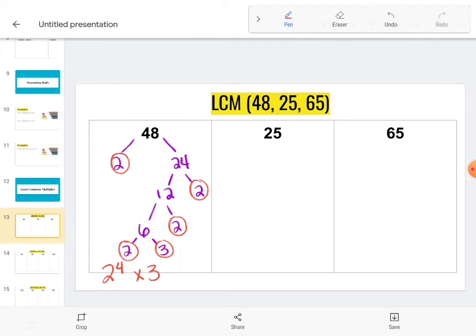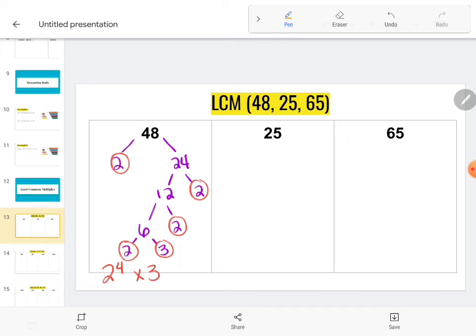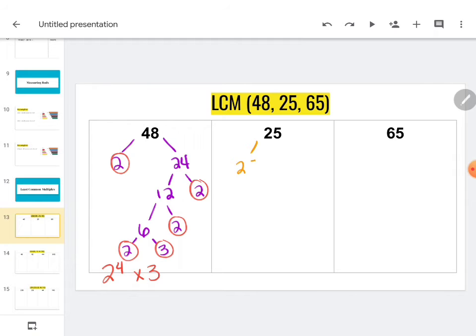So for our next number, we have a 25. Well, 25 ends with a 5, so it's bound to be divisible by 5, right? What we're going to do is divide 25 by 5.